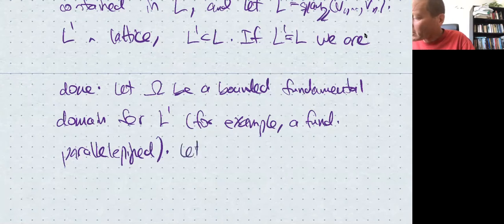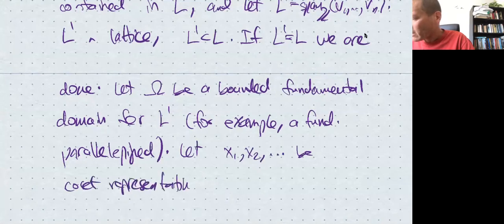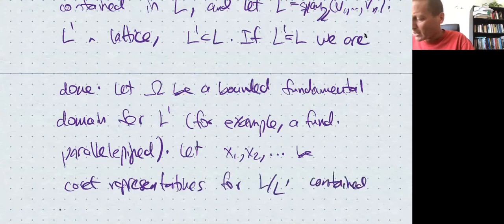Let x1, x2, etc. be coset representatives for this quotient contained in omega.